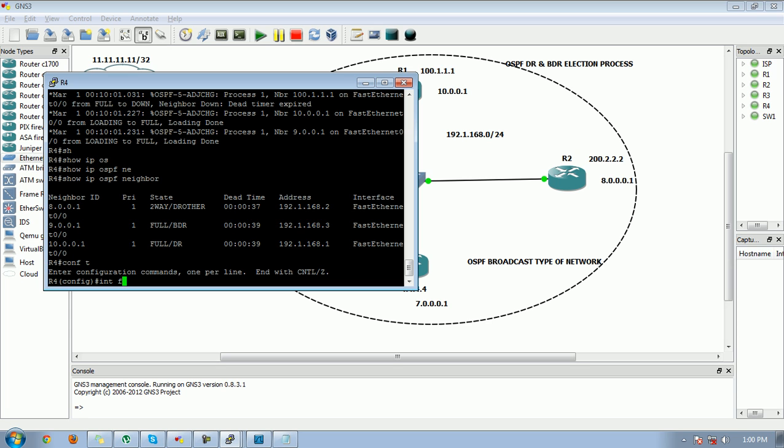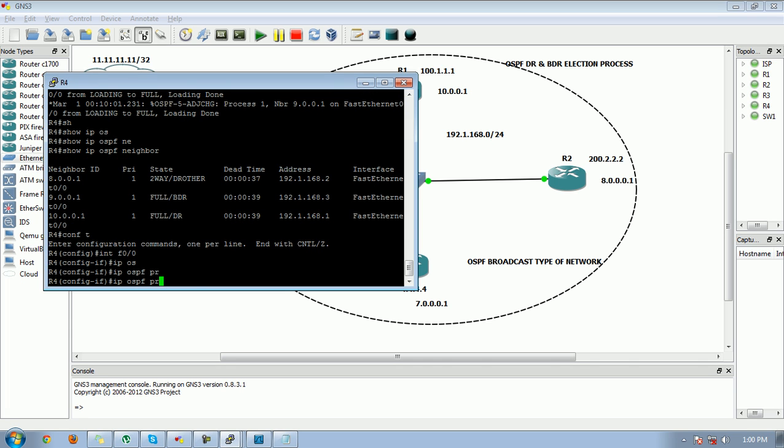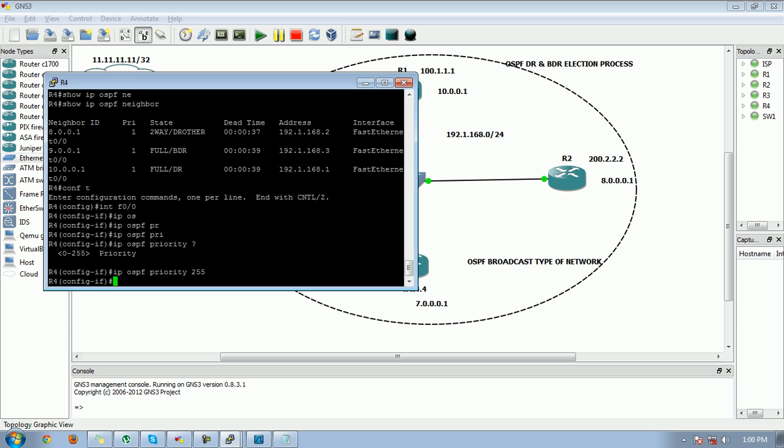Under the interface, there is an interface level command, priority. IP OSPF priority. See, the maximum is 255. Default is 1, which you saw. And 0 means they are not eligible to take part in election. Okay, so I'll make 255, the maximum one here.